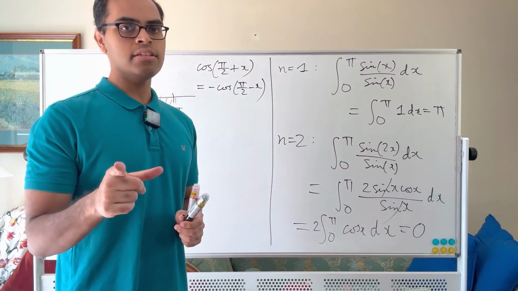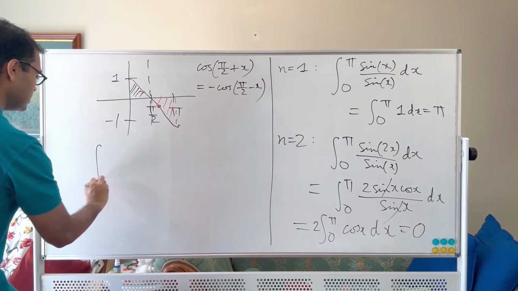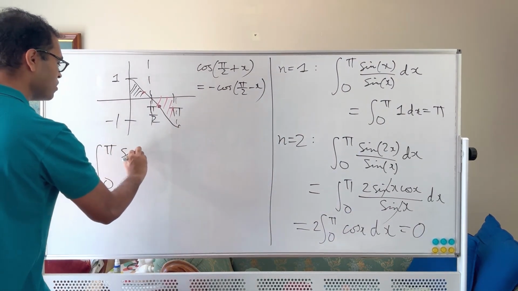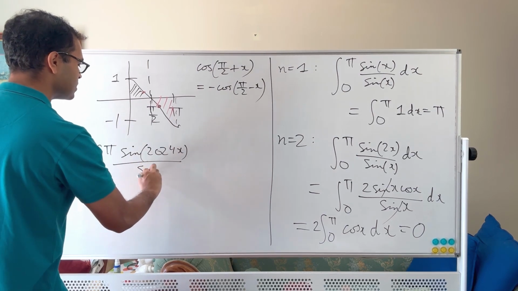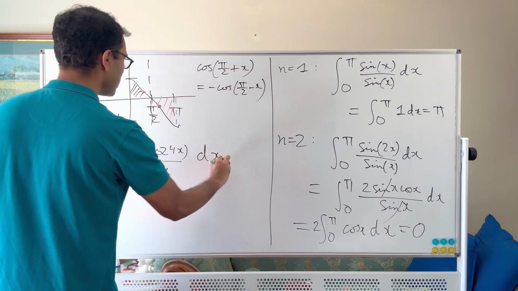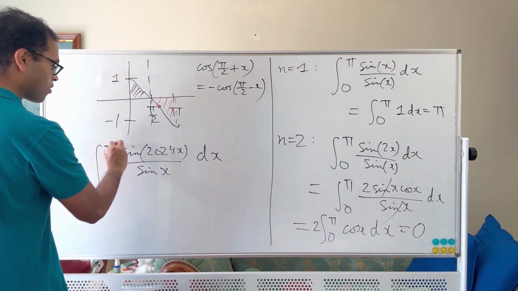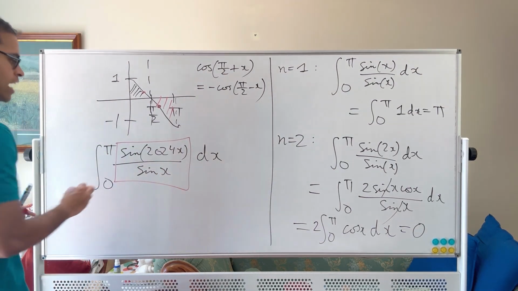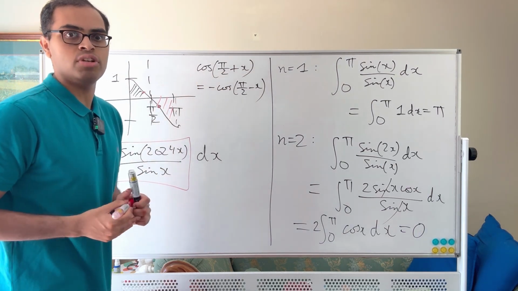Let's look at our original integral and see if we can do some trick like that. So our original integral was the integral from 0 to pi of sine of 2024x divided by sine of x dx. And here let's try to understand this function. We may not know exactly what it is equal to or graph it, but let's try to understand this function from the perspective of pi over 2, to see if there is some symmetry we can exploit.